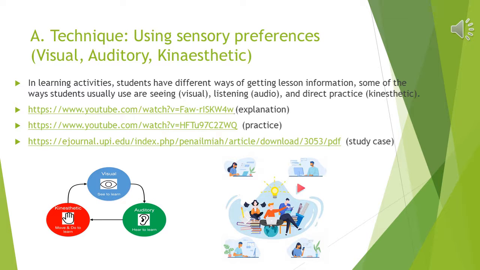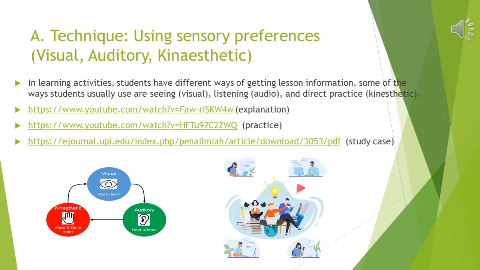Now we talk about the first one, the technique using sensory preference: visual, auditory, and kinesthetic. In learning activities, students have different ways of getting lesson information. Some of the ways students usually use are seeing or visual, listening or audio, and direct practice or kinesthetic.